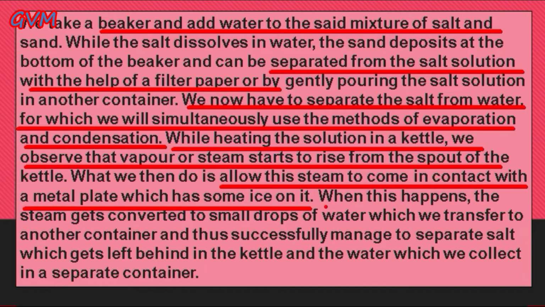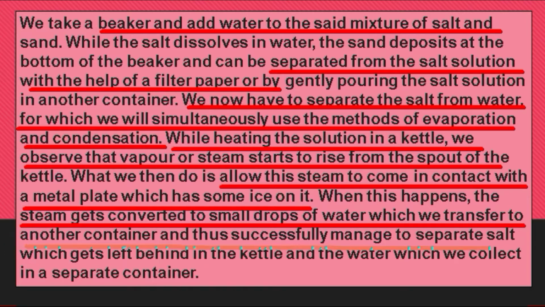And as soon as you allow this steam to come in contact with the metal plate, this steam gets converted to small drops of water which you have to transfer to another container, and thus you successfully manage to separate the salt, which gets left behind in the kettle, and the water that you collect in a separate container. And students, that's how you can separate salt from its solution.